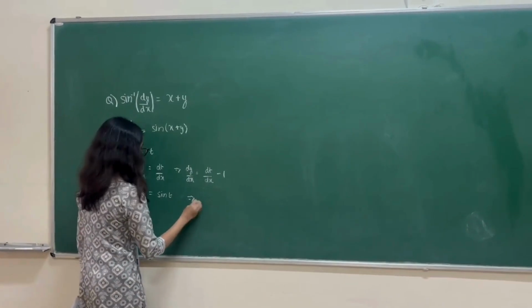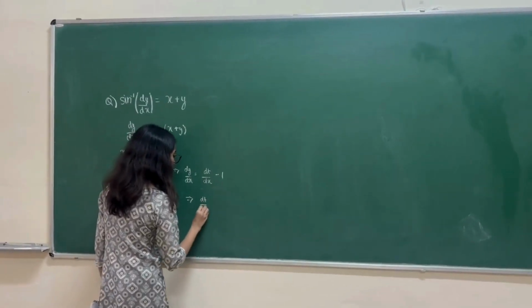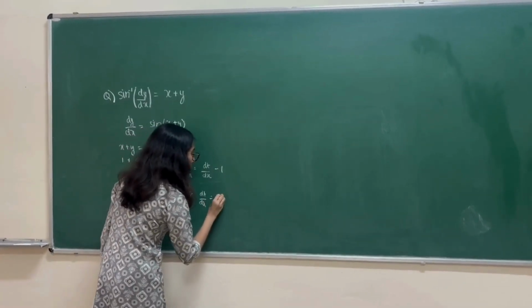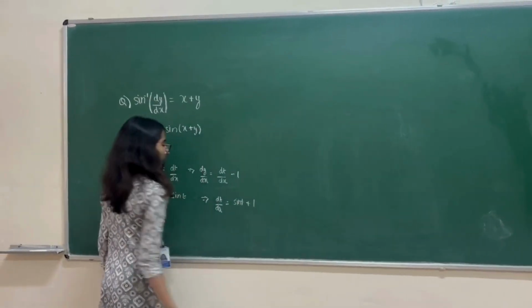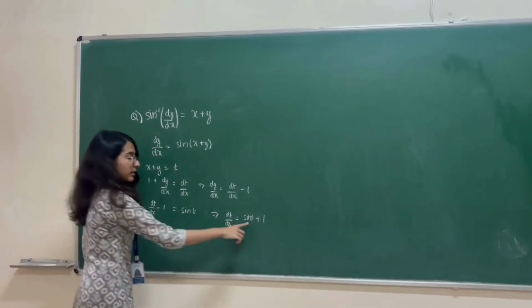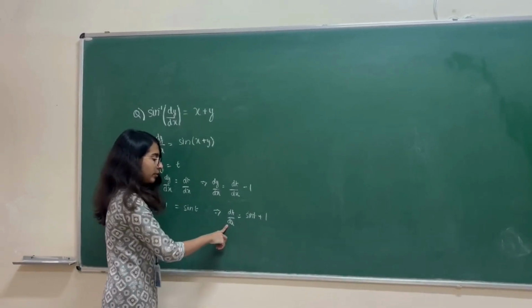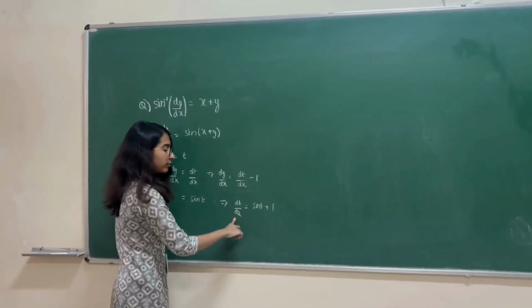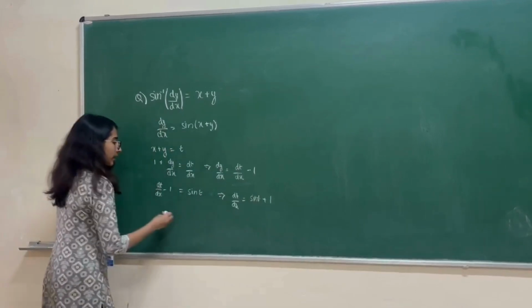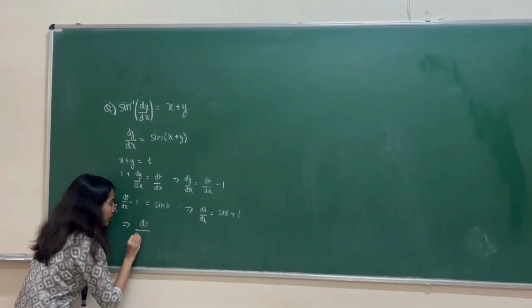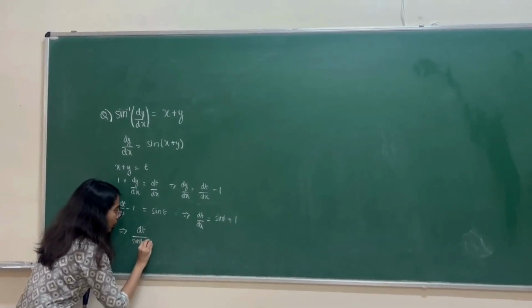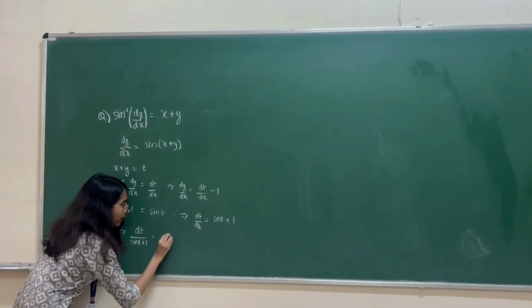So we get dt by dx is equal to sin t plus 1. Next what we can do is we can bring sin t plus 1 into the denominator of the left hand side and move dx to the right hand side, and we will be left with dt divided by (sin t plus 1) is equal to dx.